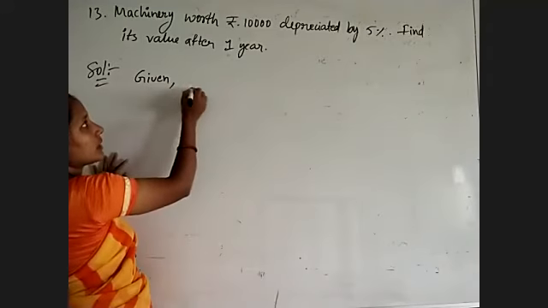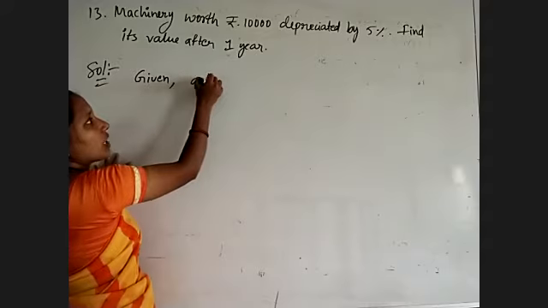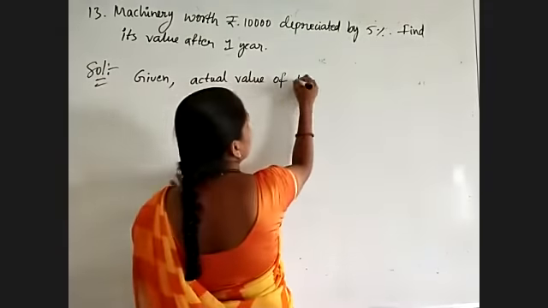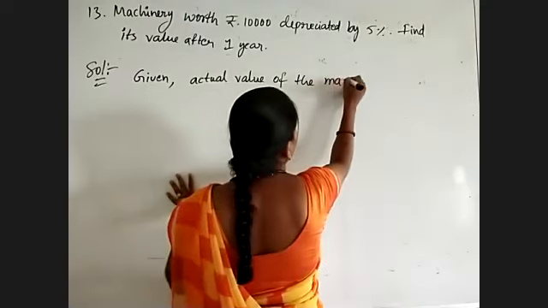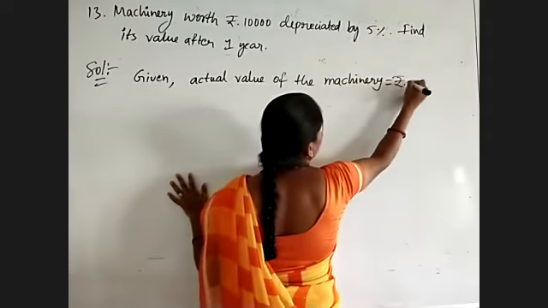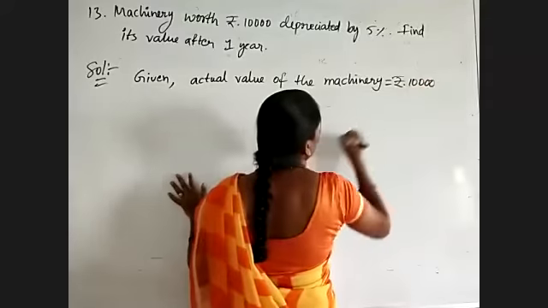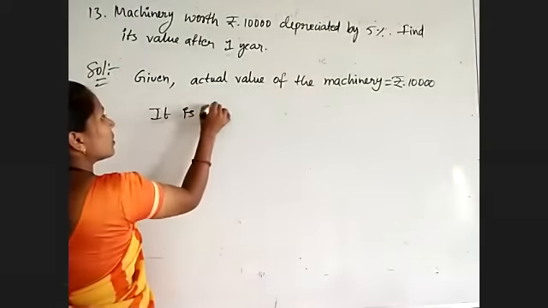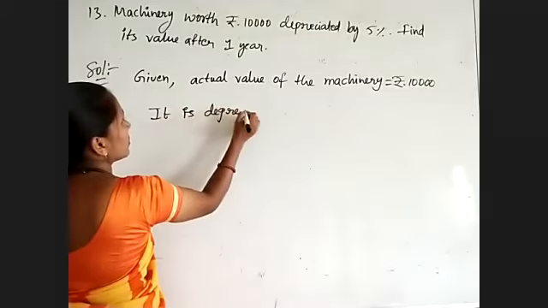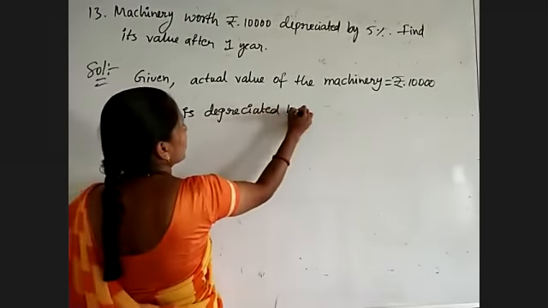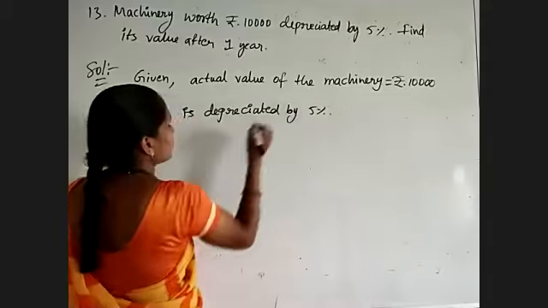So given, actual value of the machinery is equal to 10,000 rupees. Okay, and it is depreciated by 5%.